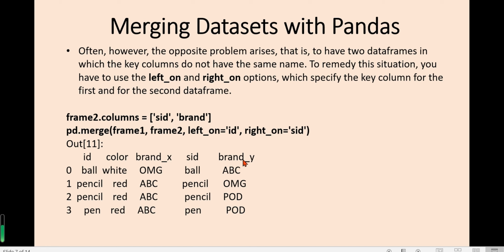Other columns will be added. But for brand X and brand Y, because we have not written brand here, brand appears in both frames. So the first data frame's brand will be transformed to brand_x, and the second to brand_y.